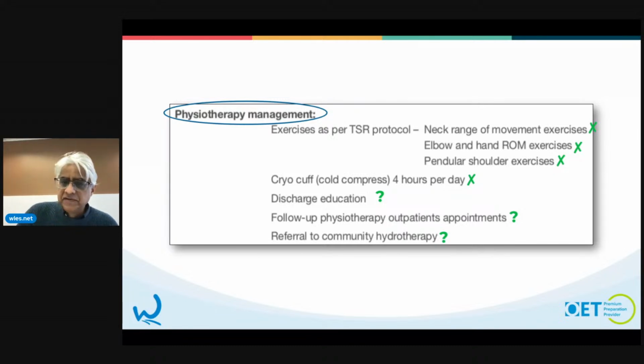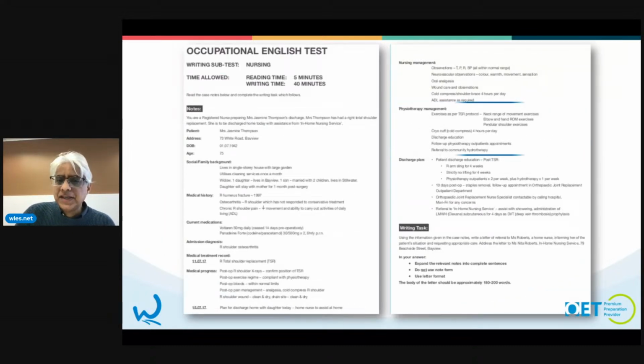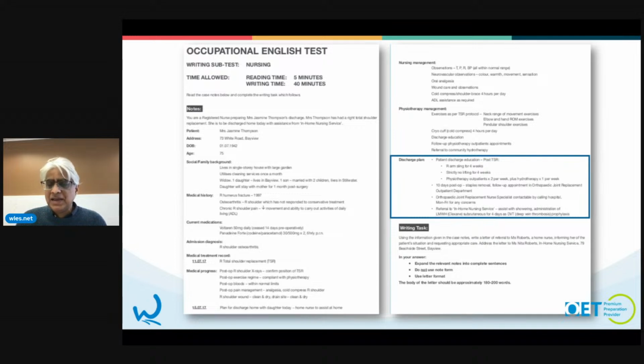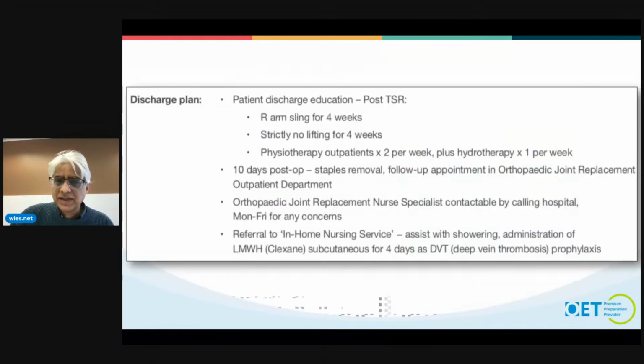Okay, and finally we get to the discharge plan, and you can see here, this is probably where all the key case notes are in this letter. Let's just have a look. We looked at this earlier. Once again, 30 seconds, thinking about what's relevant, semi-relevant, and irrelevant.